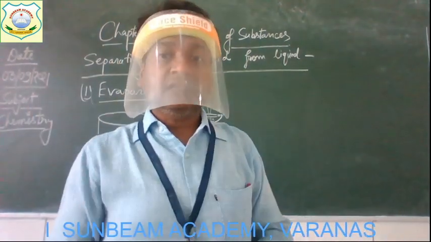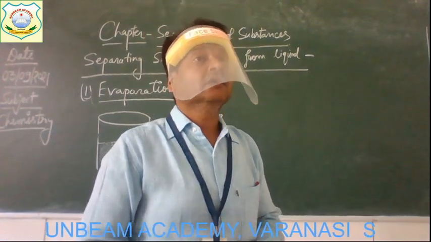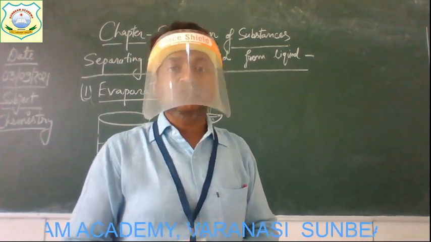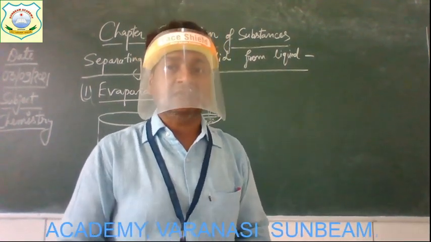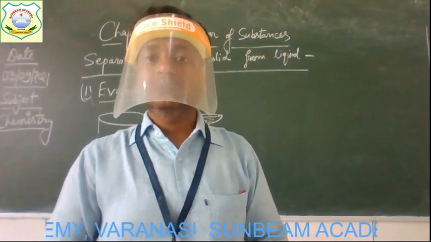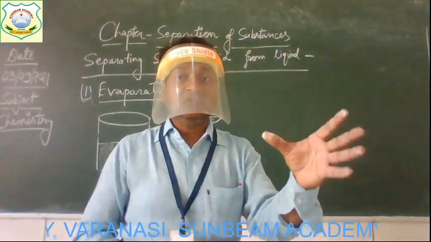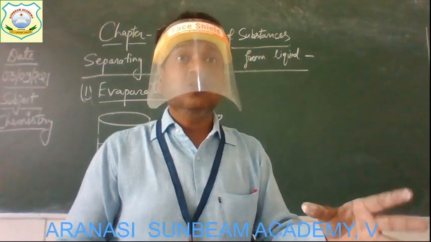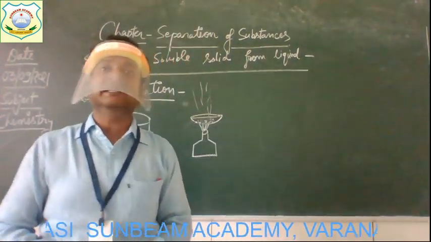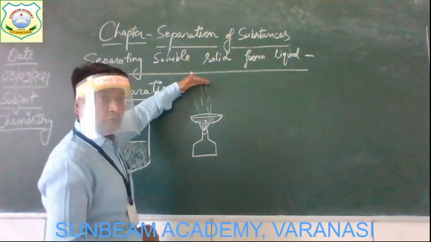To get back the water, you can use a very simple method, and that method is known as the condensation method. Clear? For this, to get back your water that evaporates, hold a cool steel plate above the evaporating dish. Here the water is going to evaporate.